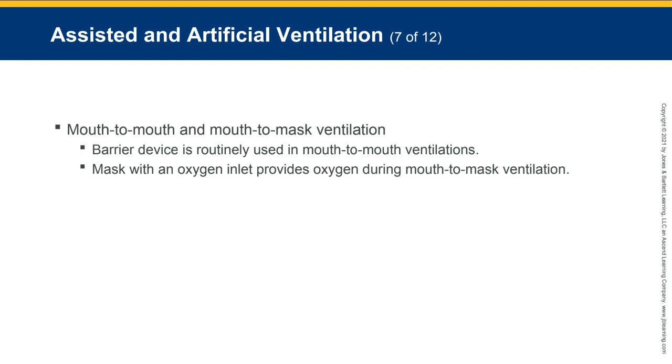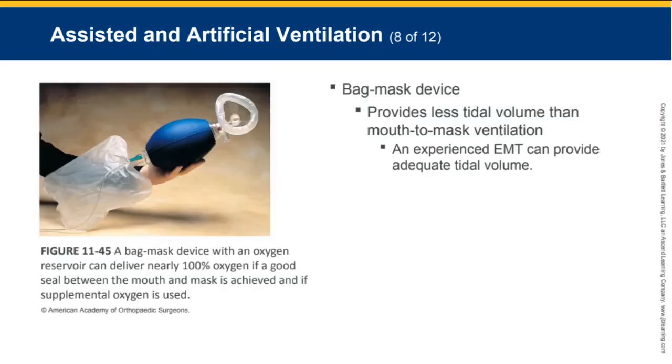I mean, have that in your mind as a backup if your BVM technique is not efficient. Bag mask device provides less tidal volume than mouth-to-mask ventilation. An experienced EMT can provide adequate tidal volume if they have a good seal and the airway is properly positioned.